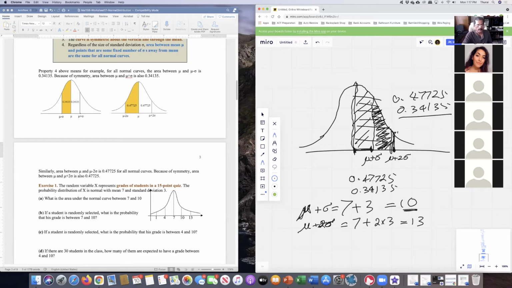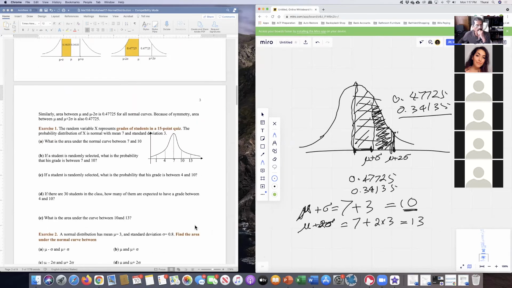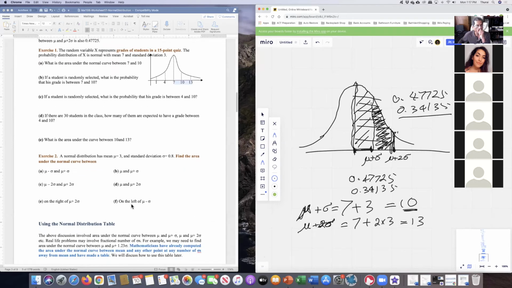Good, so that's how we calculate all these probabilities that we need. Professor, I subtracted 0.47725 minus 0.34135 and got 0.1359. Yes, that's the area, that's the answer for the question. So that's how we calculate all these different areas, by adding and subtracting.